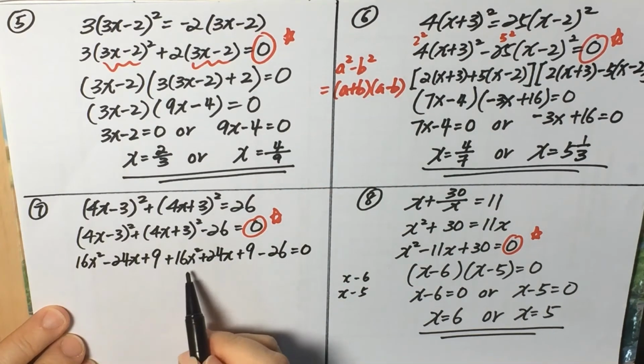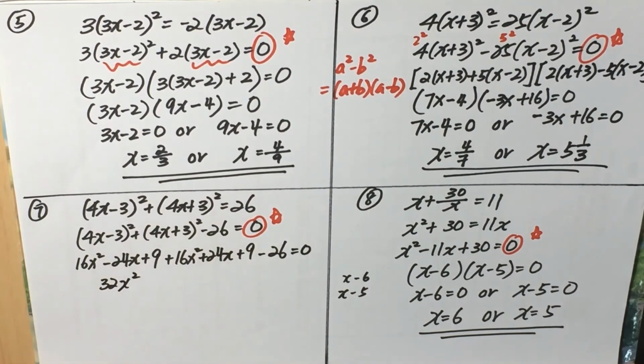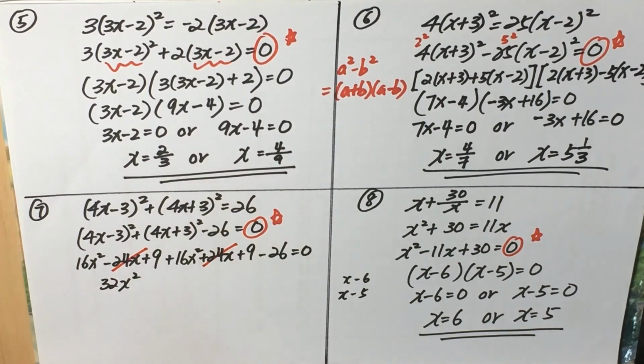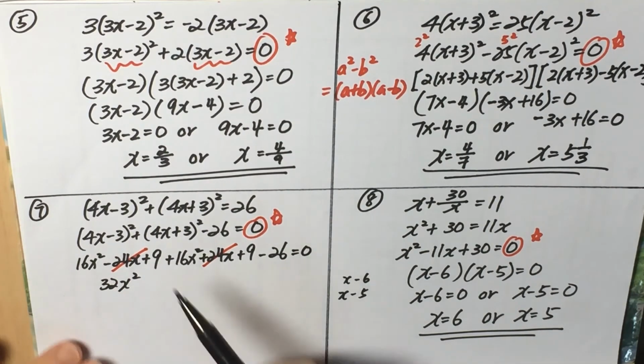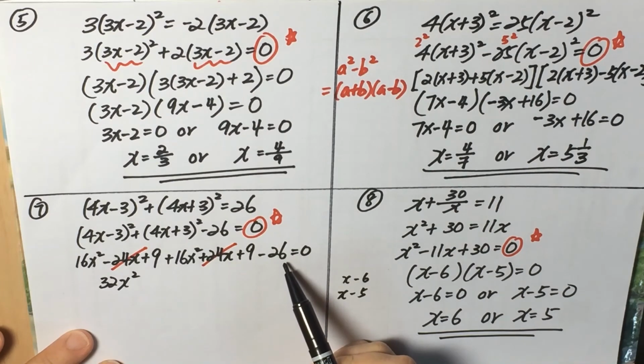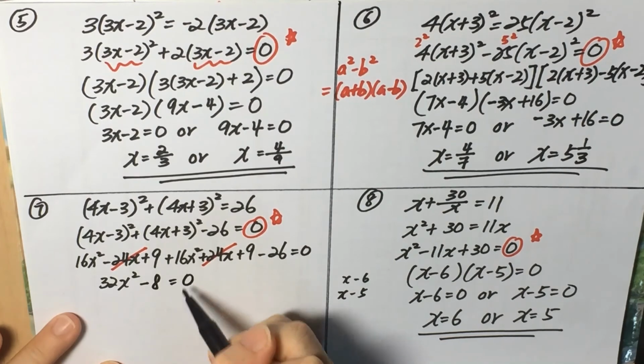So 16x squared plus 16x squared, you get 32x squared. 24x minus 24x is 0. And then you have 9 plus 9, 18, 18 minus 26, so that is minus 8, equals 0.